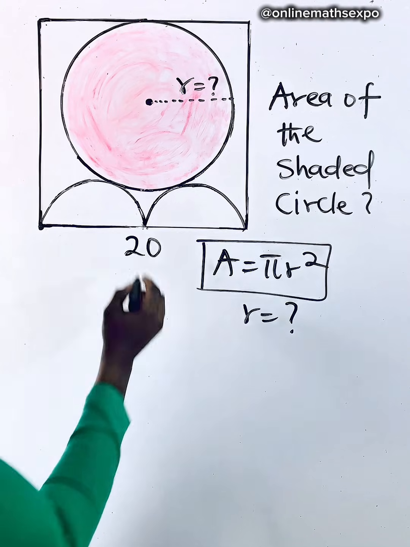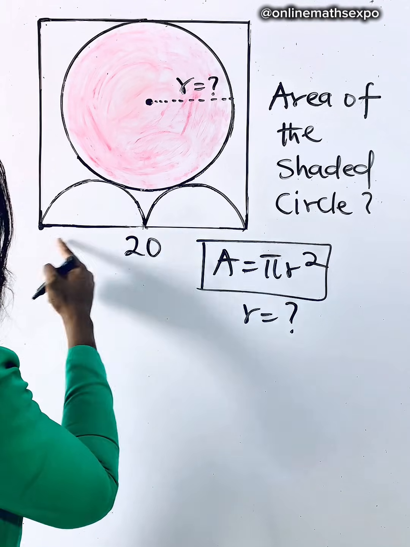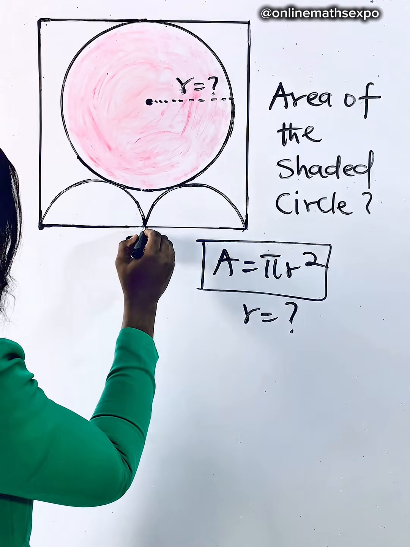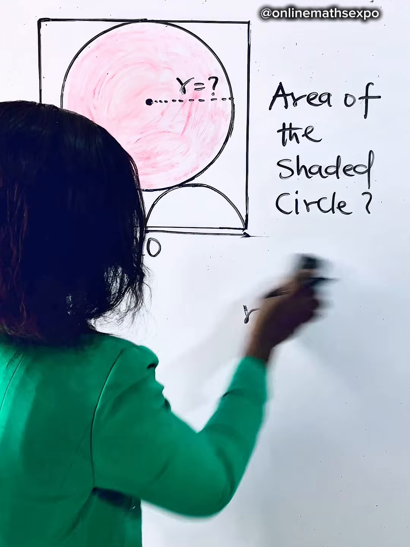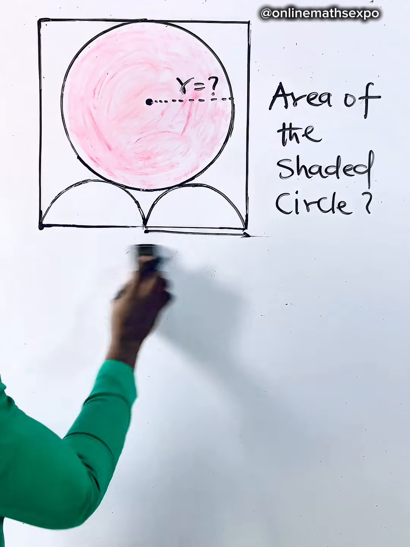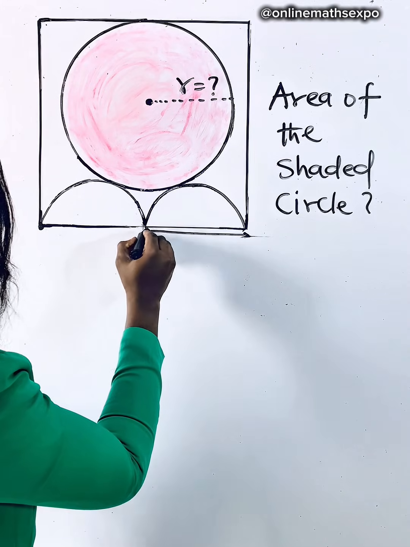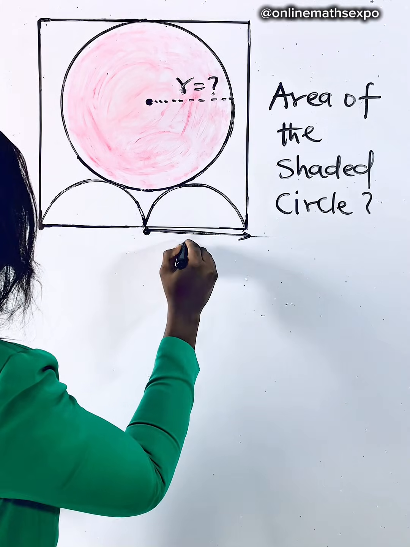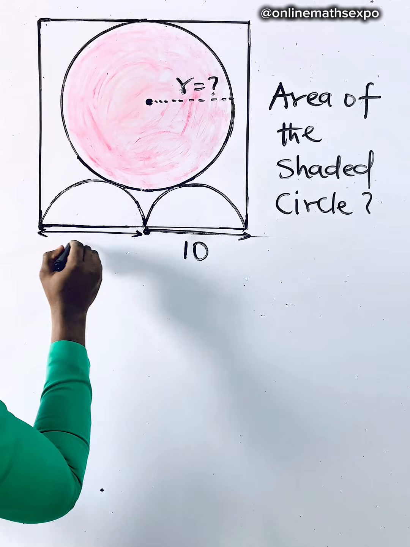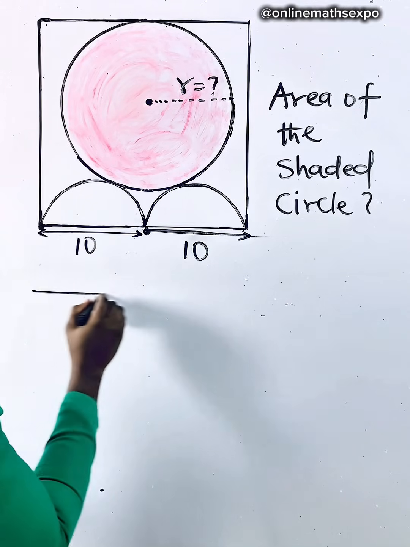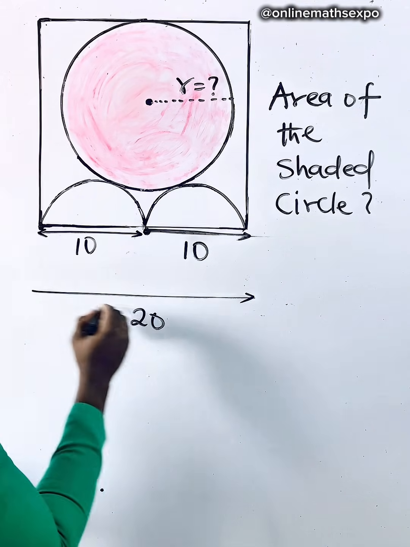It means that this has divided this length equally. So from here down to this end measures 10 units. And from here down to this end also measures 10 units, so that the total length will still be 20.